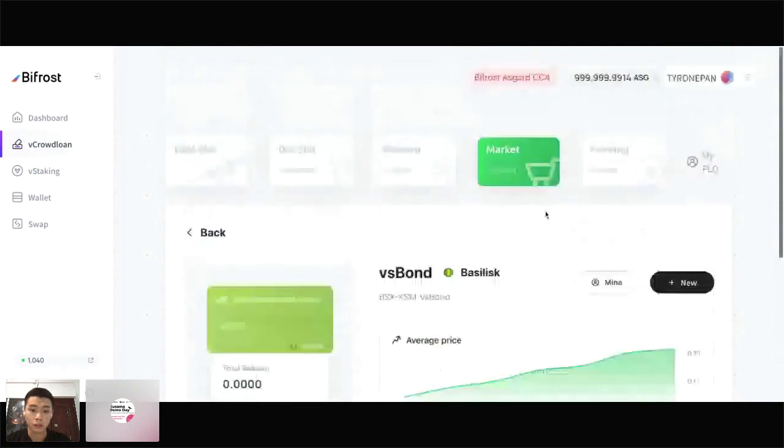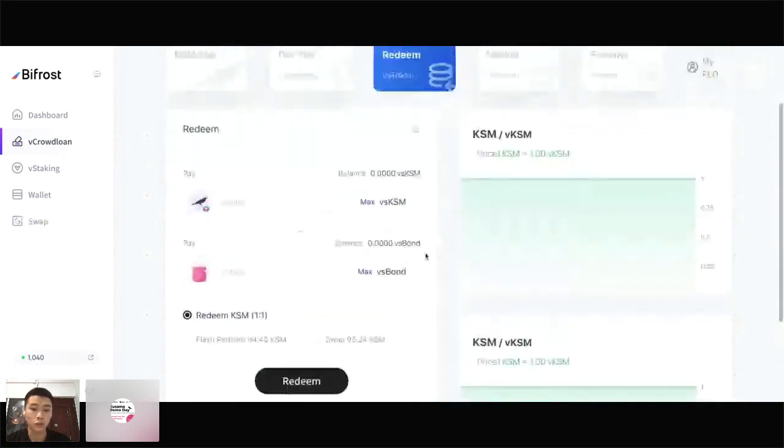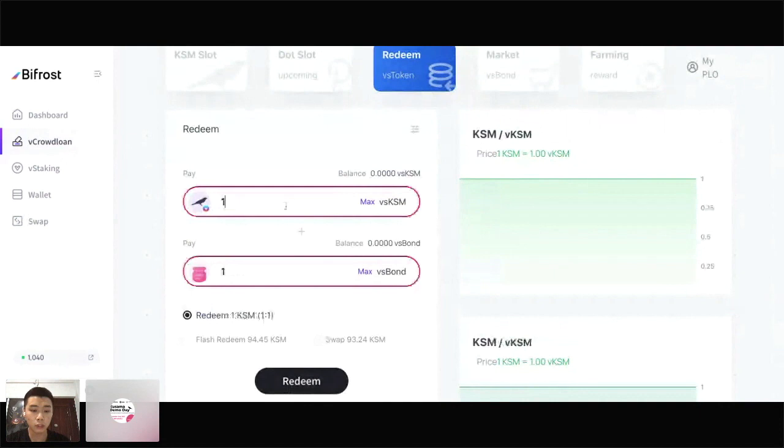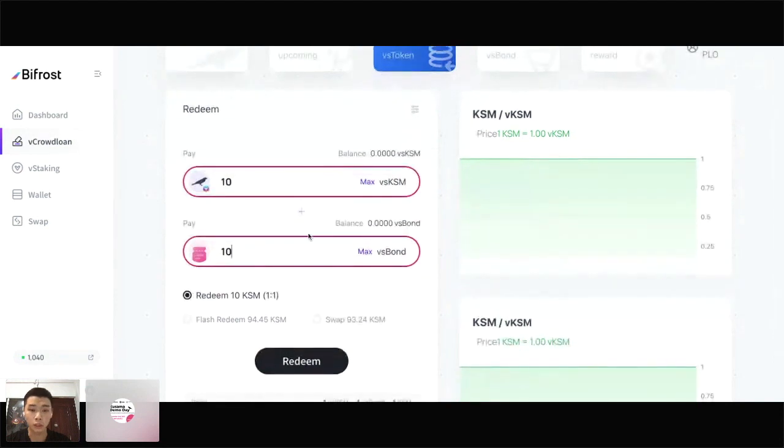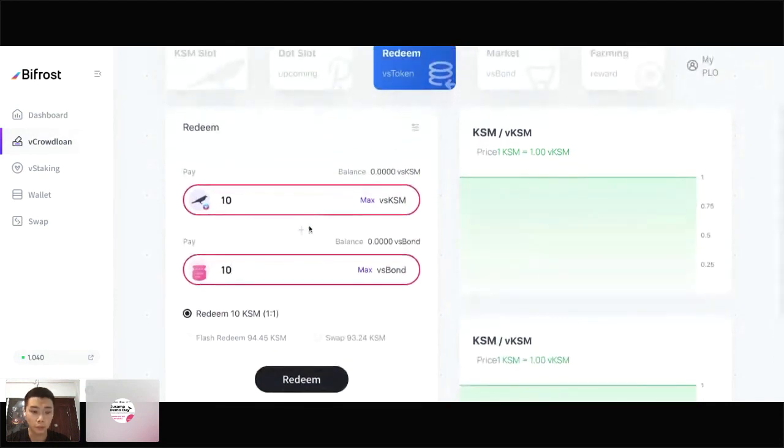If you can get an equal number of VS Bond and VS token, you can finally redeem your underlying assets. So if you buy some VS Kusama and VS Bond, you can redeem the underlying Kusama one-on-one from the redeem side.